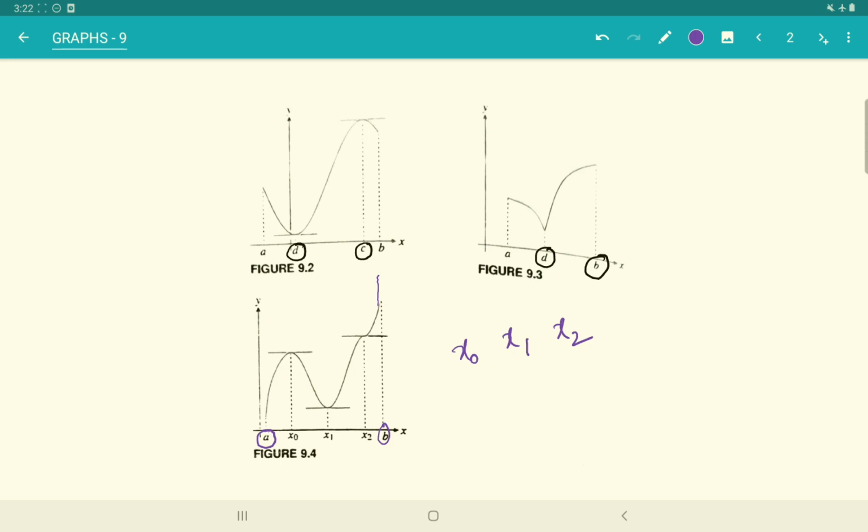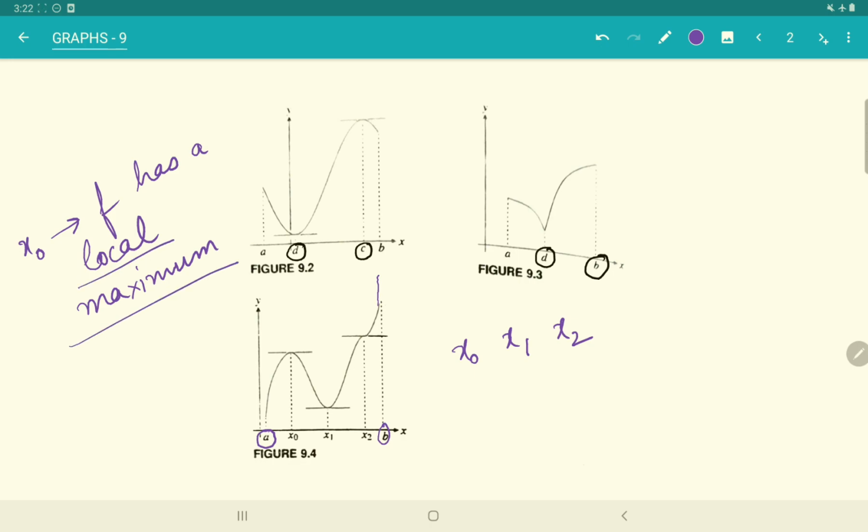If I take a look at x naught, we see that the function has got a local maximum. So at x naught, f has a local maximum. This is something new, but when I say f has got a local maximum at point x naught, this means that the value of f at point x naught is higher than at all neighboring points.